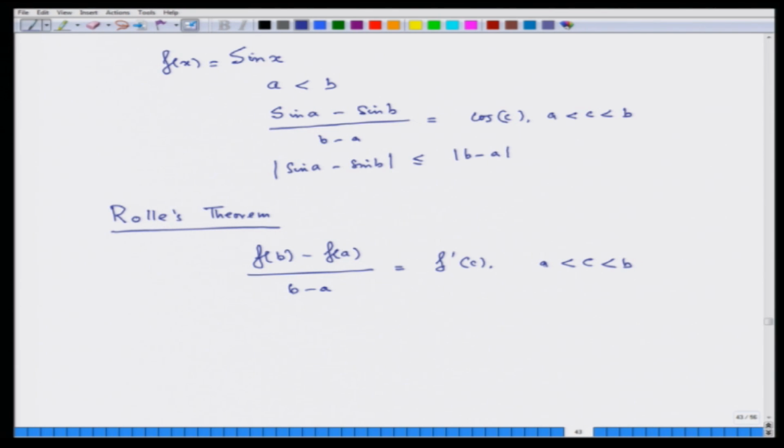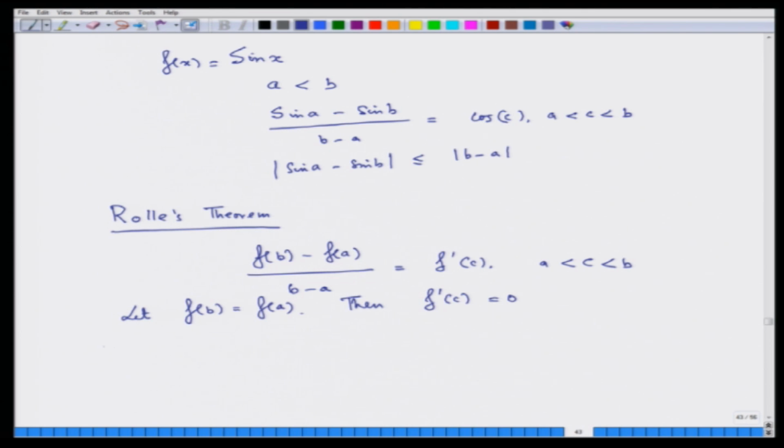Now, make this interesting assumption. The assumption is, let f(b) be equal to f(a). So, if you assume that f(b) is equal to f(a), then you are showing the following, that f'(c) is equal to 0.